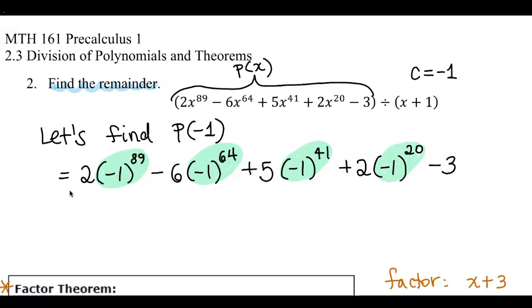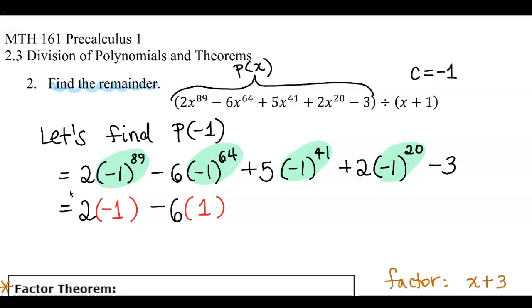Whenever you have an even exponent, it's going to turn into positive. But notice 89 is an odd number, so this will stay as -1. Next, I'll copy down my -6, but 64 is an even number, so -1 will turn into +1.